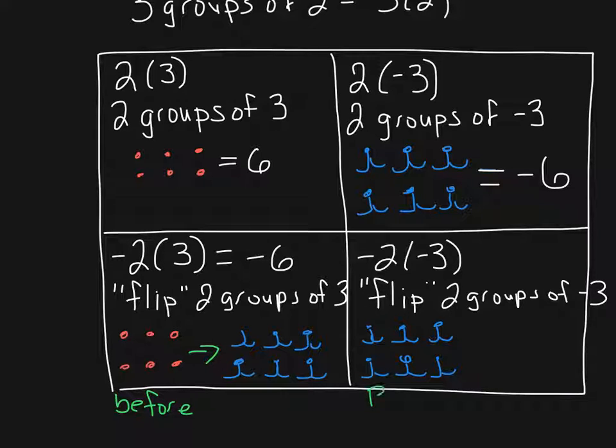So once again, this is our before, and just like this one is our after. We're going to take these and change them to their opposite, or flip them. And that is how we have a value of positive 6 when we multiply negative 2 times negative 3.